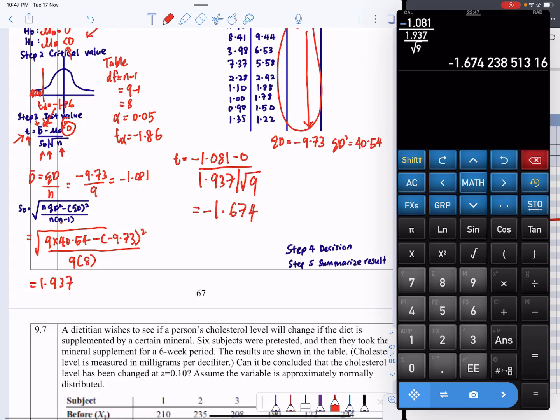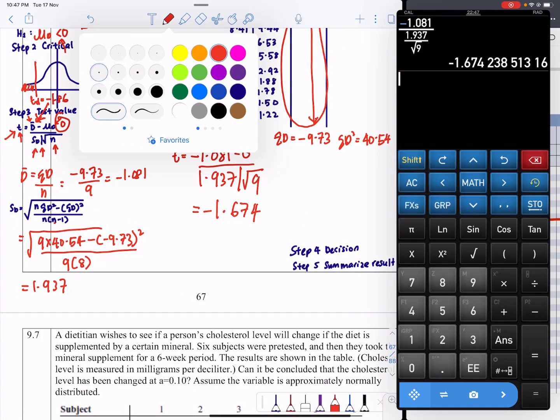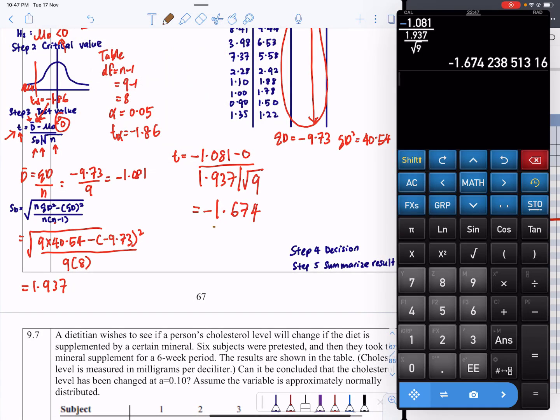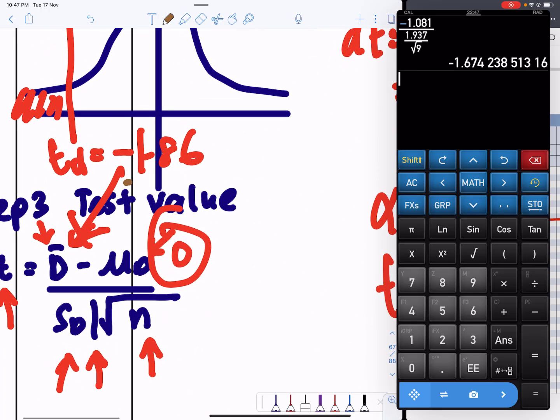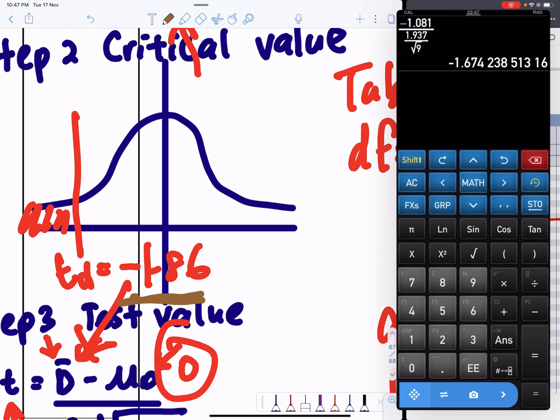1.674. Where is the location? Here, 674. We have negative 1.86. It falls in the non-critical region. We fail to reject the null hypothesis.